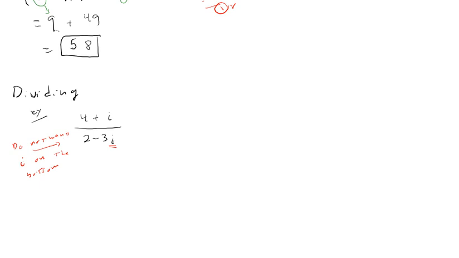What we are going to do is multiply the top and the bottom by the conjugate, 2 plus 3i. And that is going to cancel that i on the denominator.